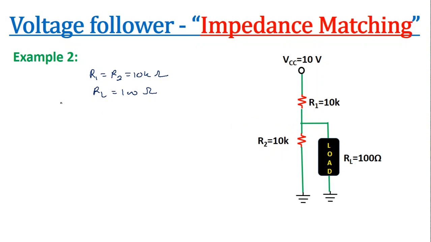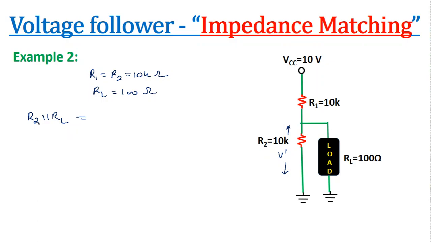Now again we find out the voltage across R2, that is V dash. First we will find out the R2 parallel RL combination, because this voltage V dash will exist across the R2 parallel RL combination only.